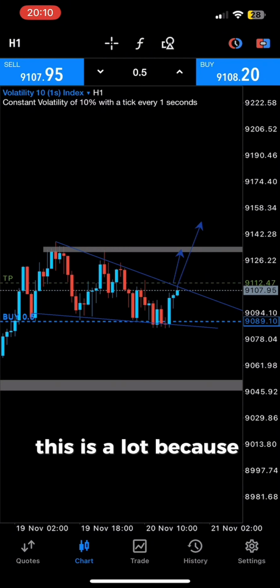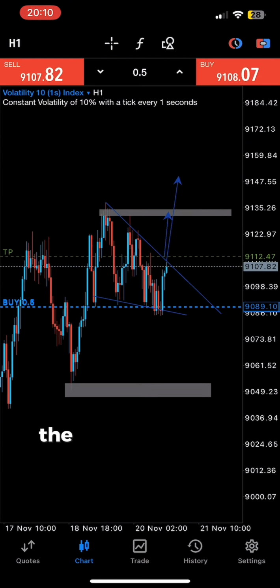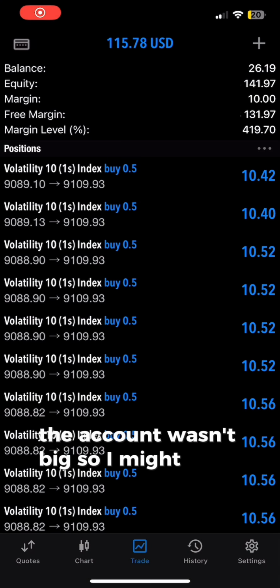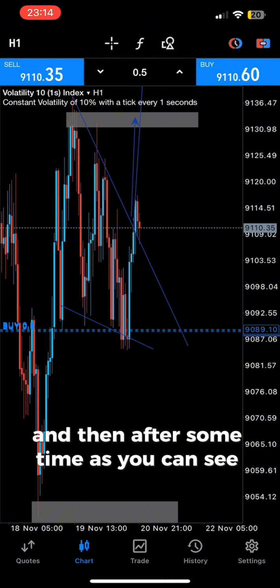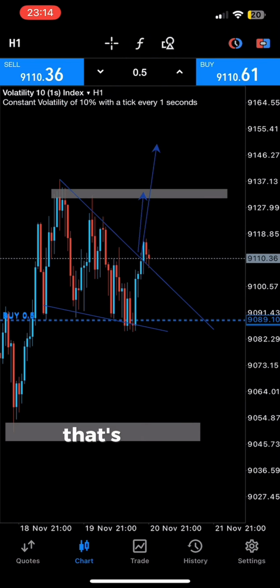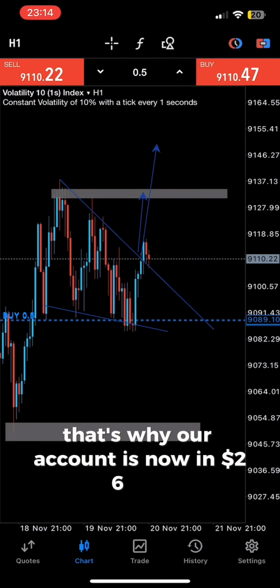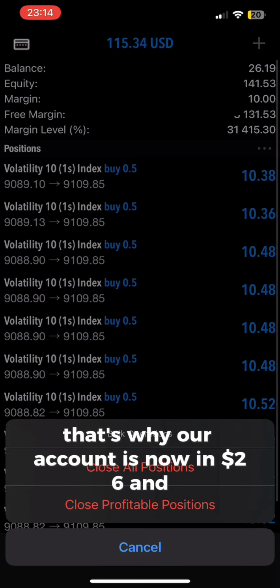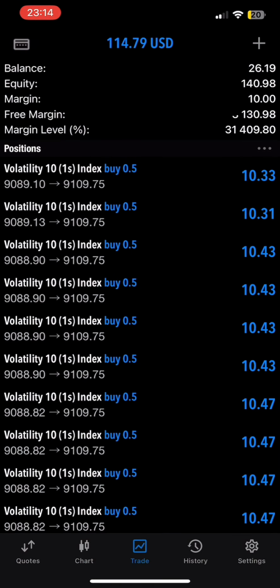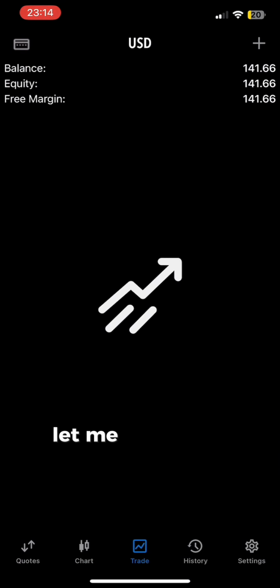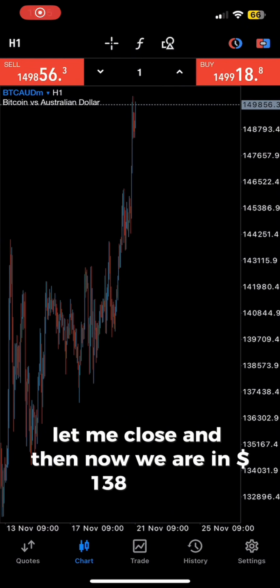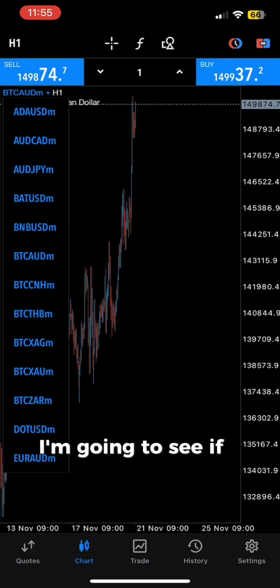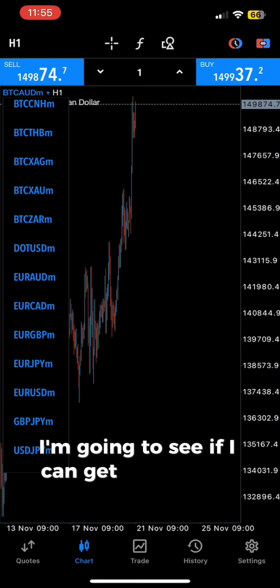This is a lot because the account wasn't big, so I might even close. And then after some time, as you can see, our TP was hit. That's why our account is now at $26, and I might even close. Let me close. And then now we are in $138 profit. I'm going to see if I can get this one up.